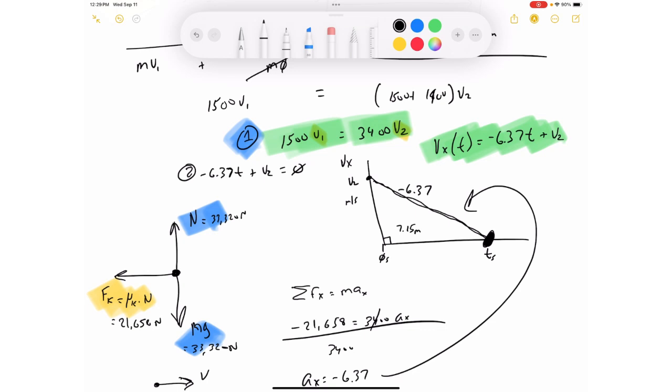That's cool, so I have another equation, and let's turn this other one blue. But the problem is now I have 2 equations and 3 unknowns: v1, v2, and now t. So I'm still not quite there yet.